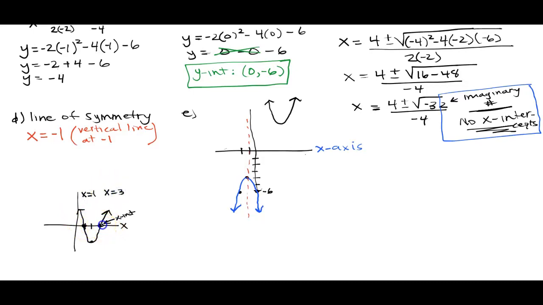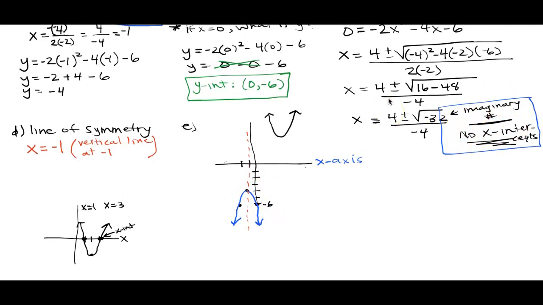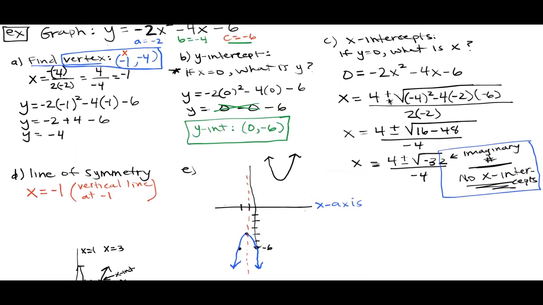So you'd come up with two solutions where it's crossing the x-axis. But this one's never going to cross the x-axis. So when you come up with imaginary solutions, when they tell you to find the x-intercepts, that just means you have what I call a hanging parabola. It never crosses the x-axis.